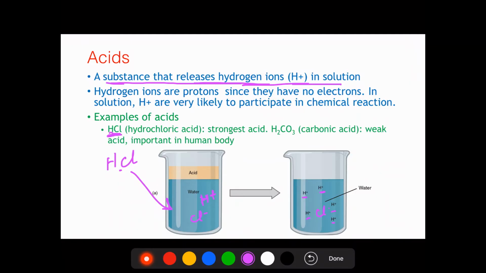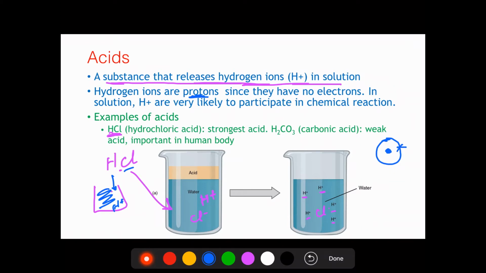So whenever I put acid in a cup of water, it will break down into a hydrogen ion and the other compound. And this is extremely important in the definition of acid. Now, sometimes you will find people saying that they're giving protons. Basically, if you remember, hydrogen is the smallest and the cutest atom in nature because it has a proton and an electron.